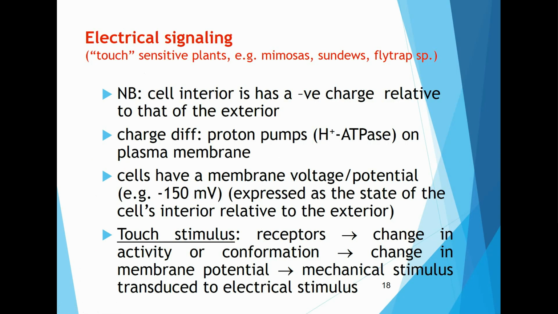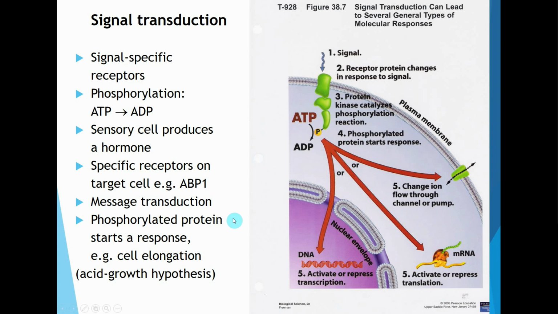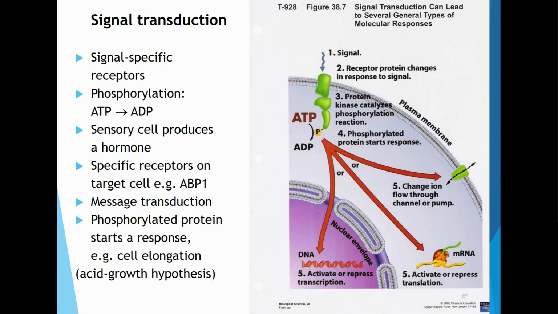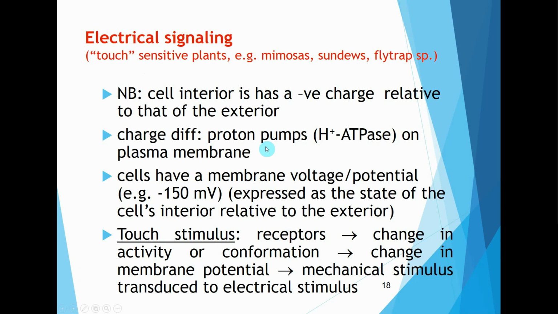So here we go, electrical signaling. When you come to this stage here, when it decides to take this route, it is called electrical signaling. And it is touch sensitive. The mimosas, sundews, Venus flytraps, etc. Now, all this is saying is that on this level, we have a negatively charged exterior.